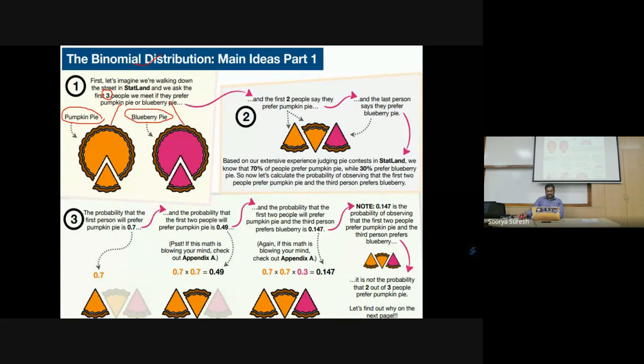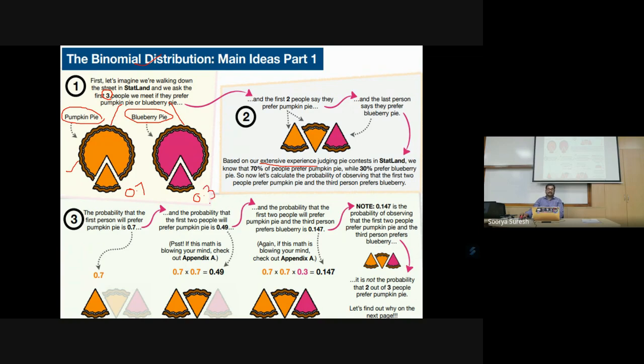Now, assume that based upon our extensive experience, 70% of people prefer pumpkin pie. So whenever I ask a person, the probability that he chooses pumpkin pie is 0.7 and blueberry pie is 0.3.